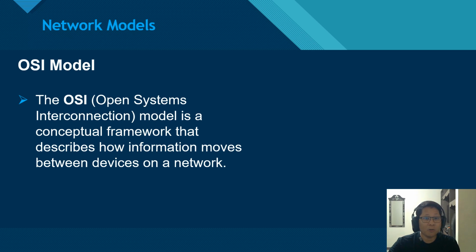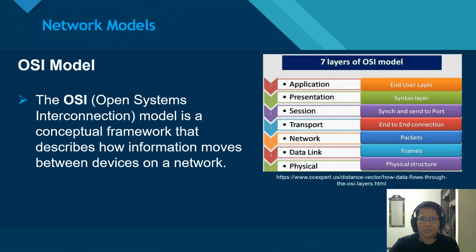The OSI, or the Open Systems Interconnection model, is a conceptual framework that describes how information moves between devices on a network. The model consists of 7 layers, each with its own specific set of functions. So these are the 7 layers of the OSI model, and I'm going to discuss them one by one.